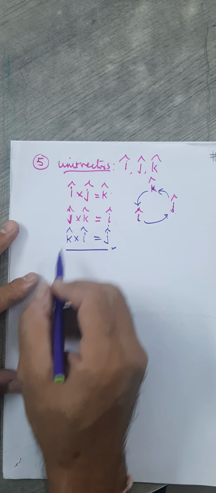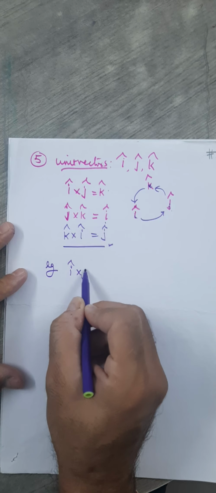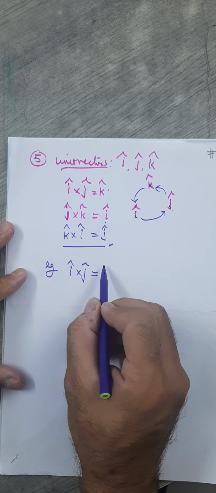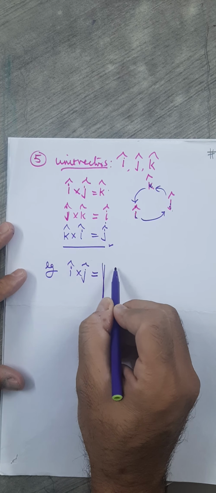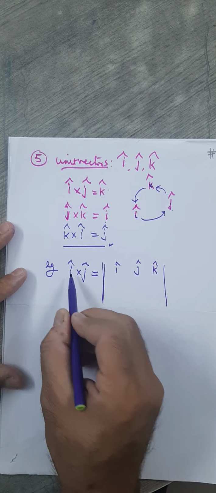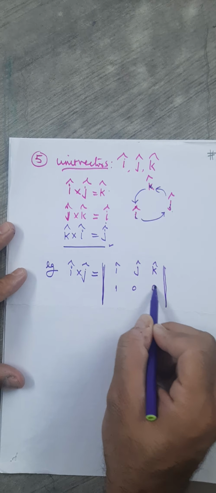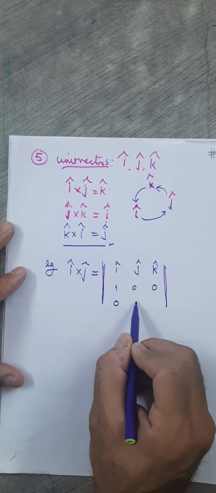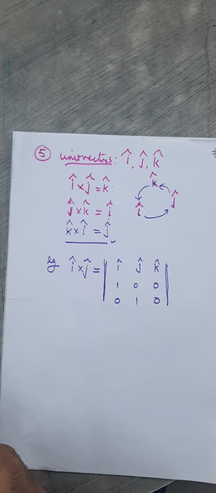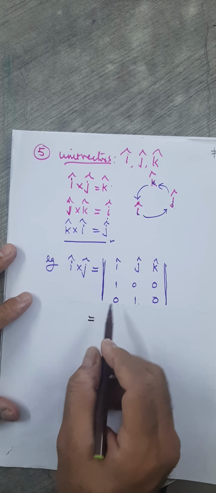This you can prove very easily. If I do here i cross j, I'm doing this. Okay, what is cross product? It's a determinant. First row always fixed: i, j, k. Tell me components of i. What are the components of i? 1, 0, 0. What are the components of j? 0, 1, 0. You know this, right? Components of i, 1, 0, 0. Components of j, 0, 1, 0. Now I'm expanding.